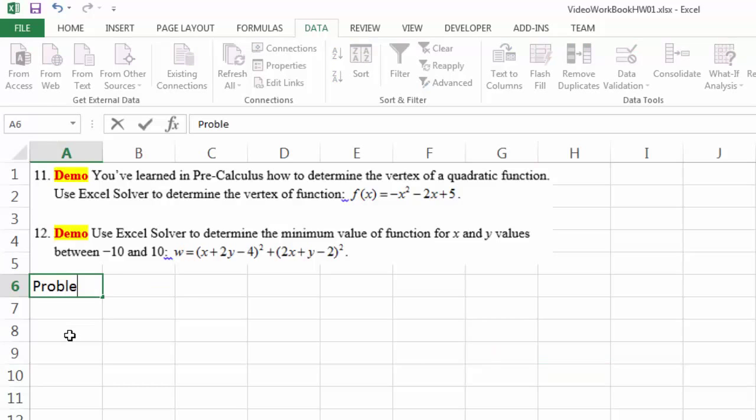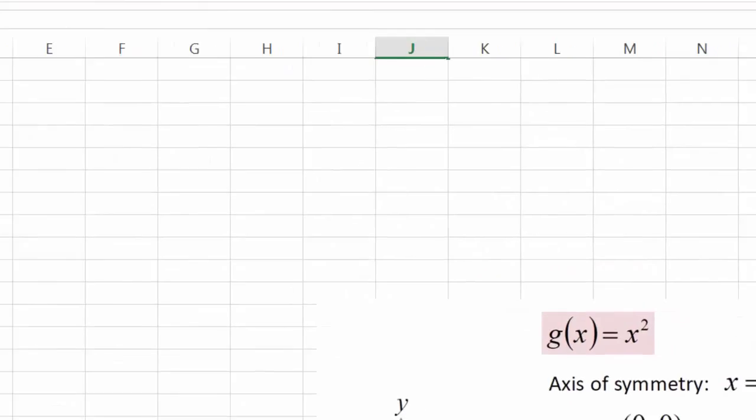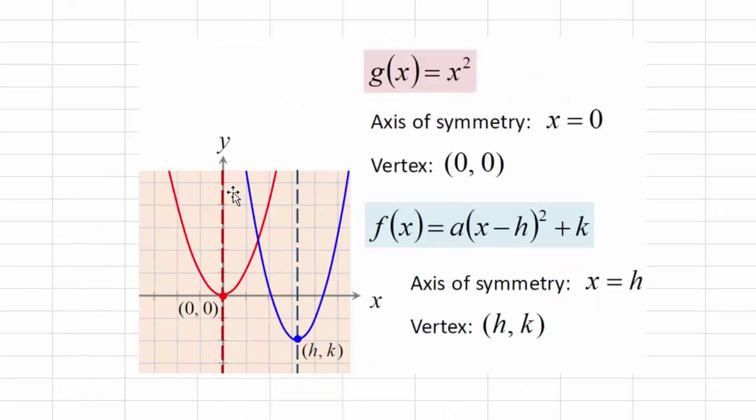Problem 11. In problem 11, you are asked to determine the vertex of a quadratic function. If you don't remember what that is, here's a little reminder. A quadratic function normally takes the form of ax squared plus bx plus c, as you're familiar with.